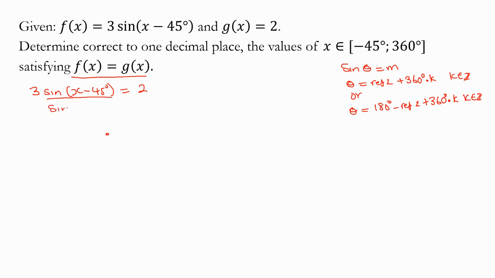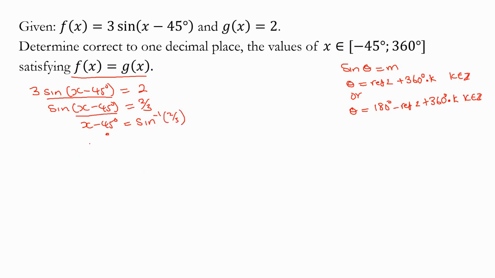We have sin(x − 45°) = 2/3. Then let's get our reference angle. This whole bracket is your angle, so x − 45° = arcsin(2/3), the inverse of sine.